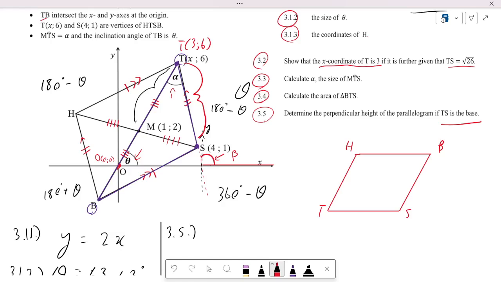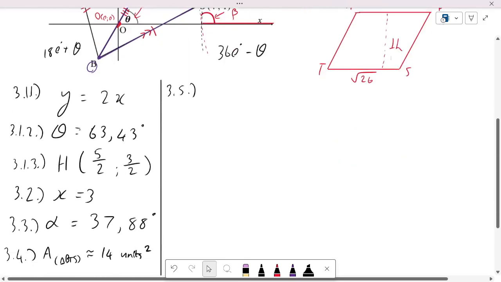We know that TS is going to be the square root of 26, and we need to determine the perpendicular height, which is this. What formula do we use to determine the perpendicular height?